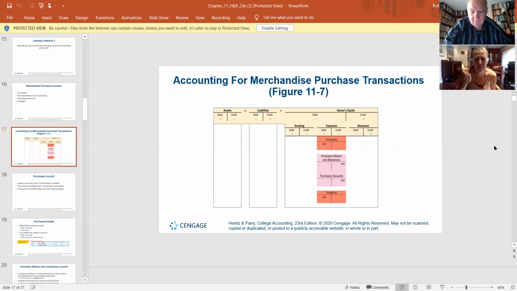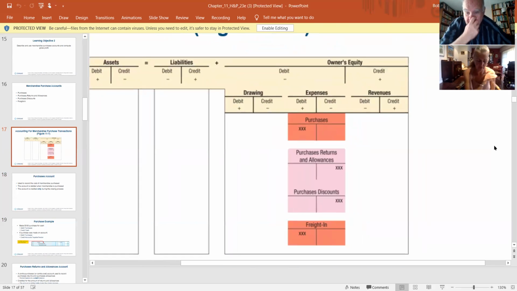So why does it say purchase discounts there? Because we're doing the purchase side right here. Oh, you mean instead of a cash discount? You just said when you're talking about trade discounts, you don't record it. That's correct. That really should say cash discount.